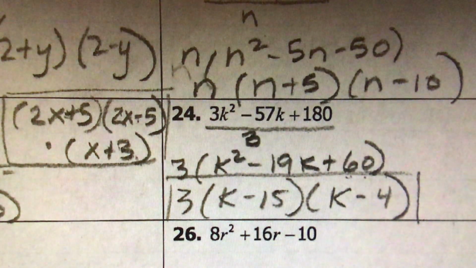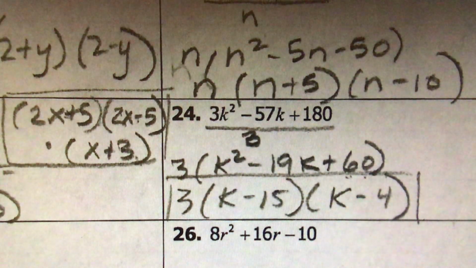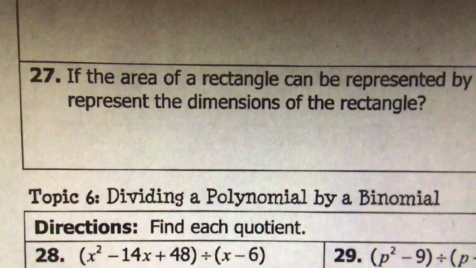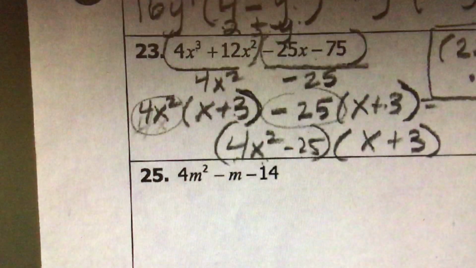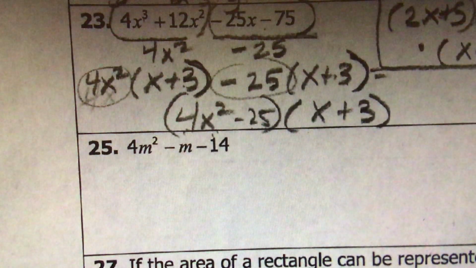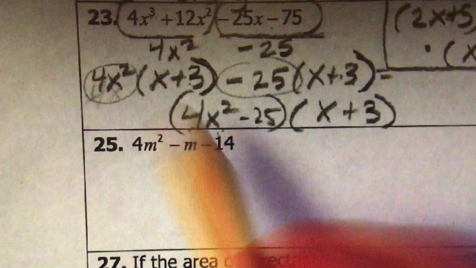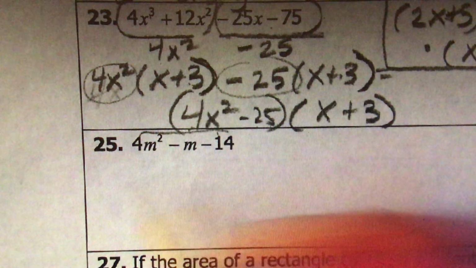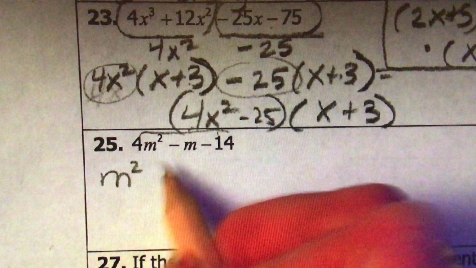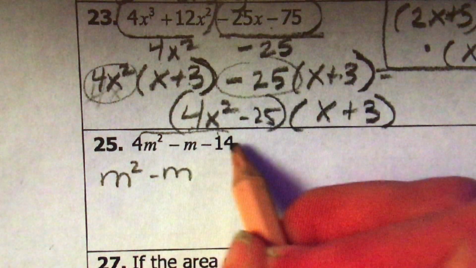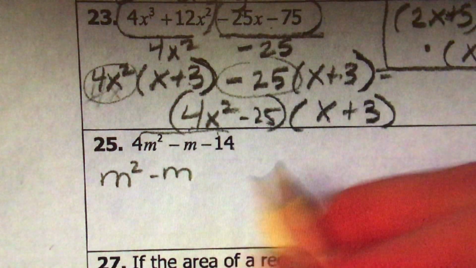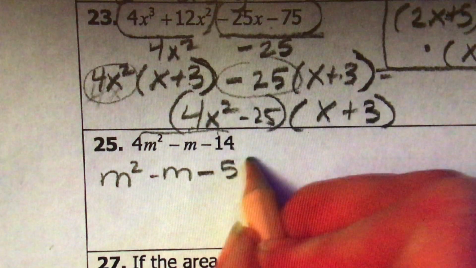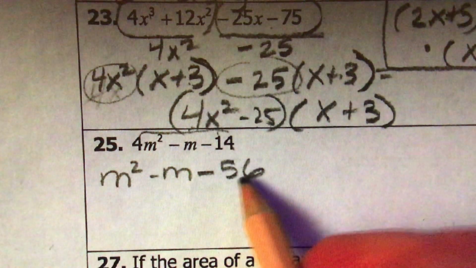Am I still recording? Yes, I am. Okay. 25. So it looks like I'm going to have, I bet this is going to be maybe a slide and divide. So 25, yeah, because I can't factor anything out. So I'm going to slide the 4 over. I'm going to rewrite this as 4 times 14, which is 56, and it's going to be negative.